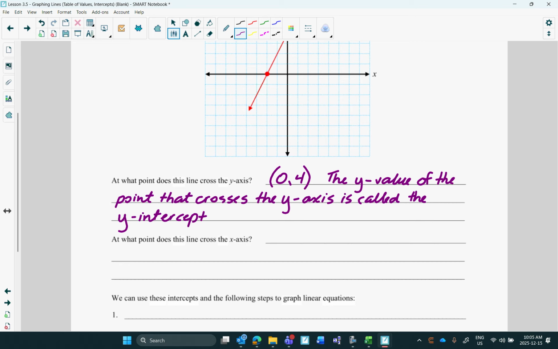So we don't call the y-intercept 0, 4. We actually just call it 4. Understand the difference: the point where it crosses the y-axis is 0, 4. The y-intercept is just 4.